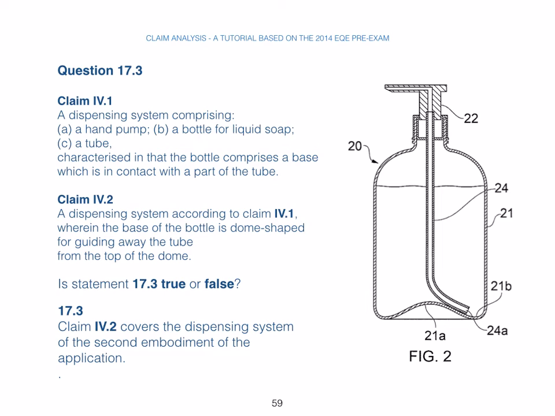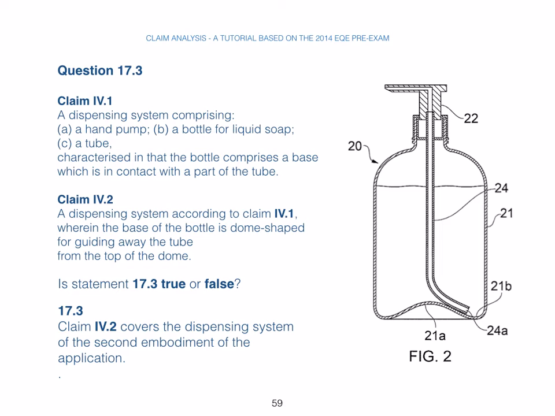Next question is 17.3. This concerns again claim 4.2. And the statement is, claim 4.2 covers the dispensing system of the second embodiment of the application.